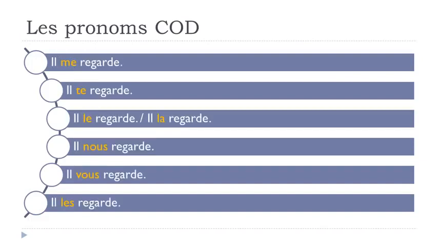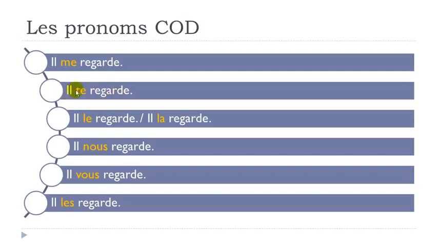We'll see now a few examples. The first one: il me regarde. If you want to say that he's looking at me, il me regarde. Remember, these pronouns are coming before the verb. In the present form, with only one verb, you just put it before. Il me regarde. Il te regarde, he's looking at you.